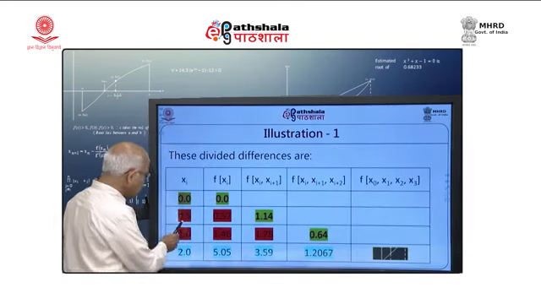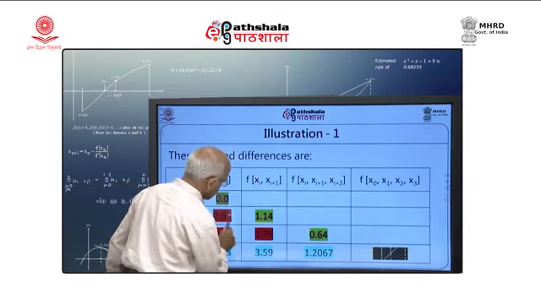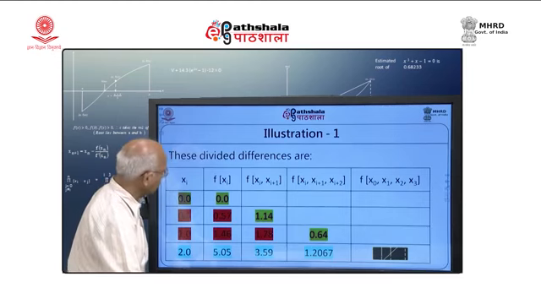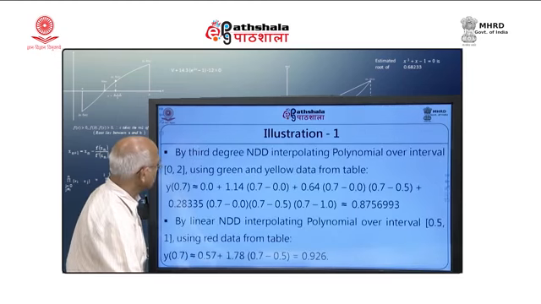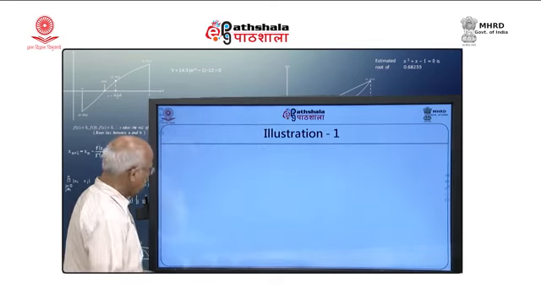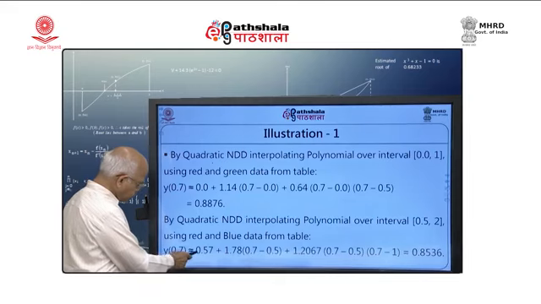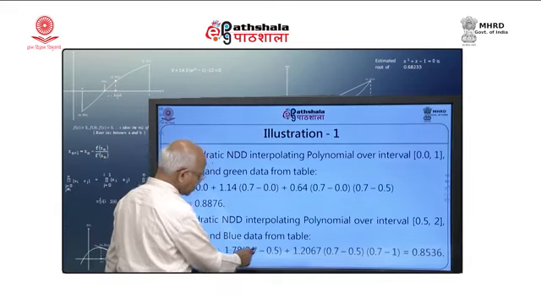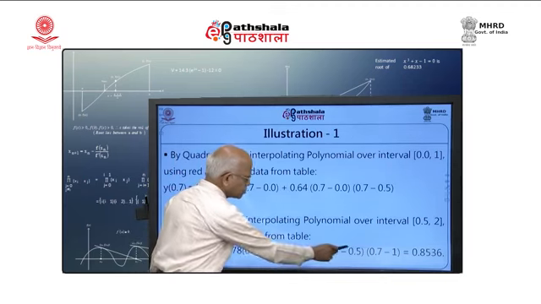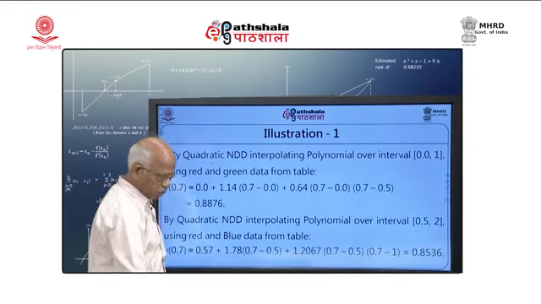You can see we are using these 3 nodes, so red and blue data I am using. That is how we will get the last computation here, like this: 0.57 plus 1.78 into 0.7 minus 0.5, 1.2067 into 0.7 minus 0.5 into this, and I will get that value as my estimate of y.